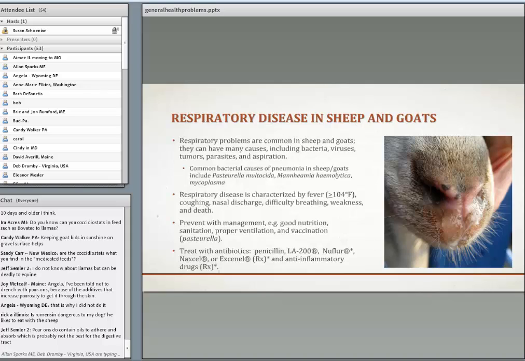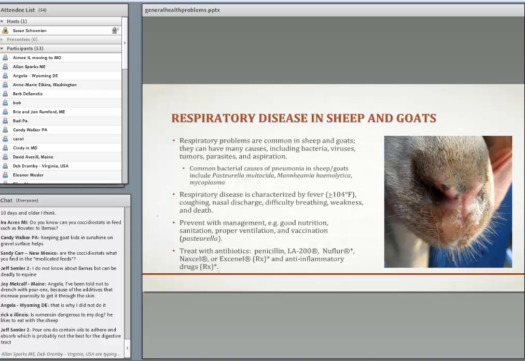Okay, respiratory diseases. Just got this one slide. Respiratory problems are extremely common in sheep and goats, maybe almost secondary to parasites. In a lot of ways, it's very generic kind of thing. In fact, sometimes they'll call it respiratory complex. A lot of different things can cause respiratory symptoms: bacterial diseases, viral, tumors.